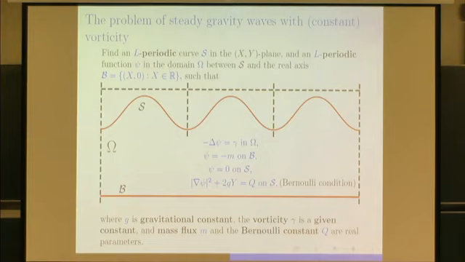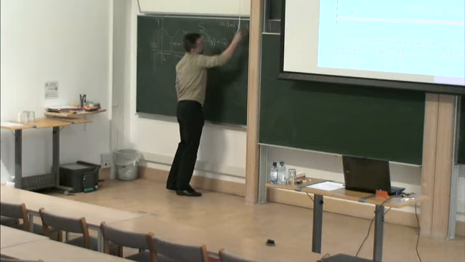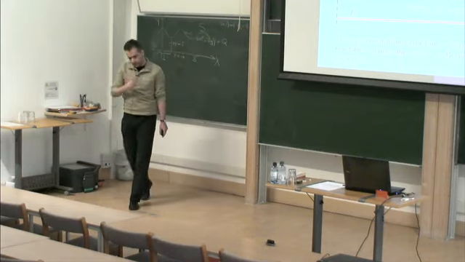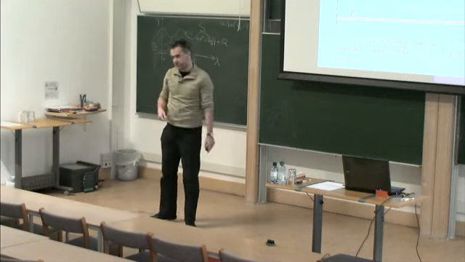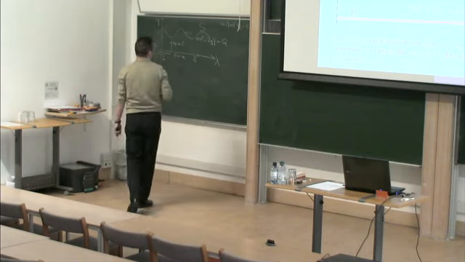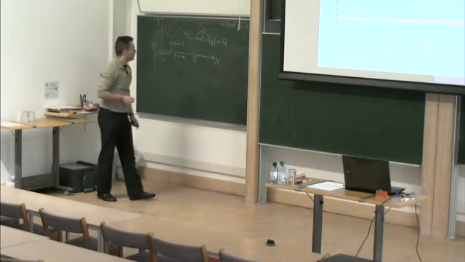Psi is what is called the stream function, which gives rise to a stationary velocity field (u, v) equals (psi_y, minus psi_x). Water is assumed to be incompressible, so that's why it can be described in this way.